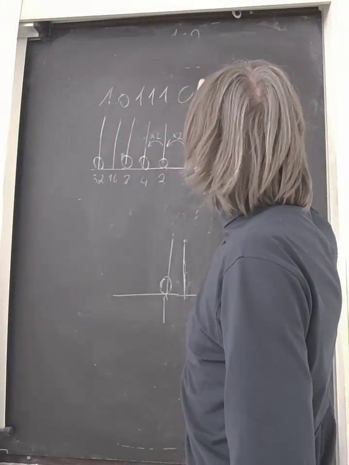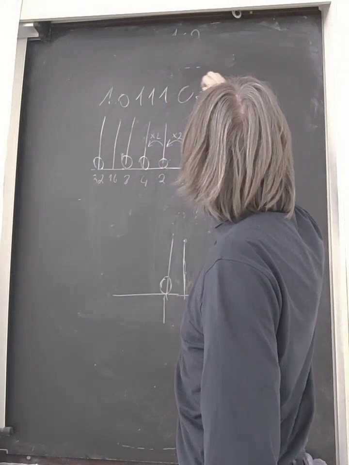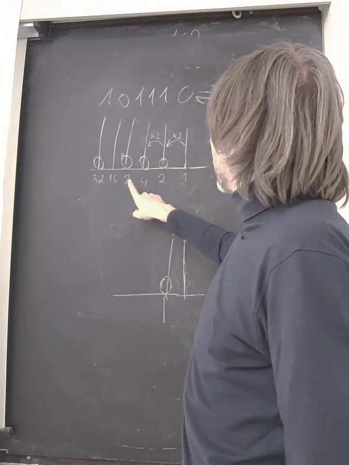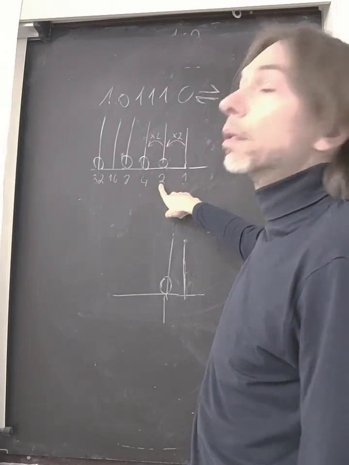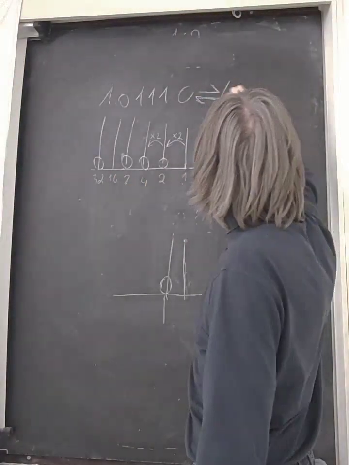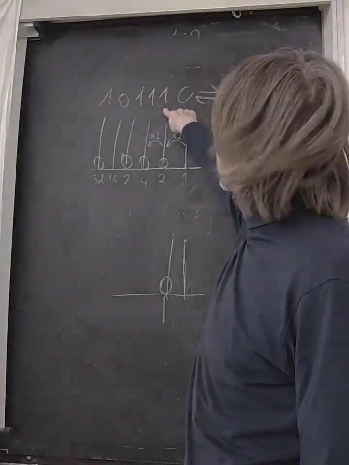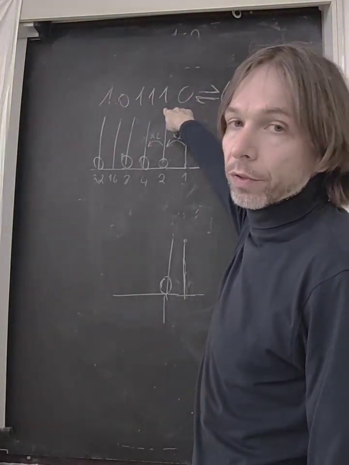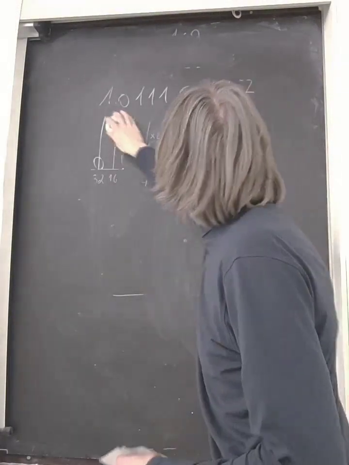So the total here is 40, 44, 46, 47. This number means 47 apples. Let's do the same with the others.